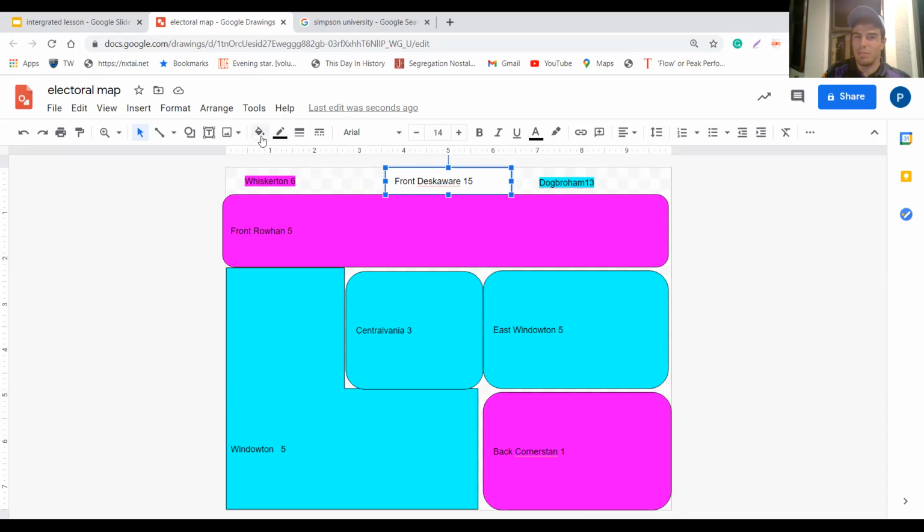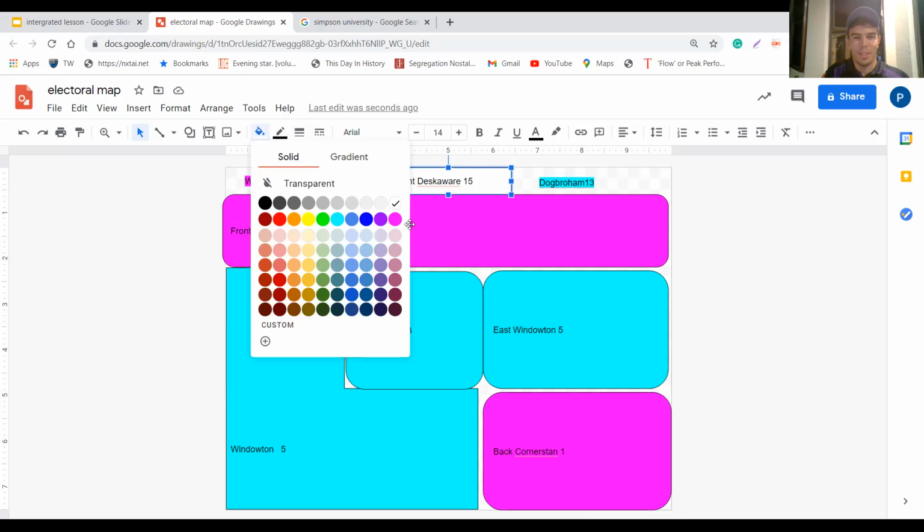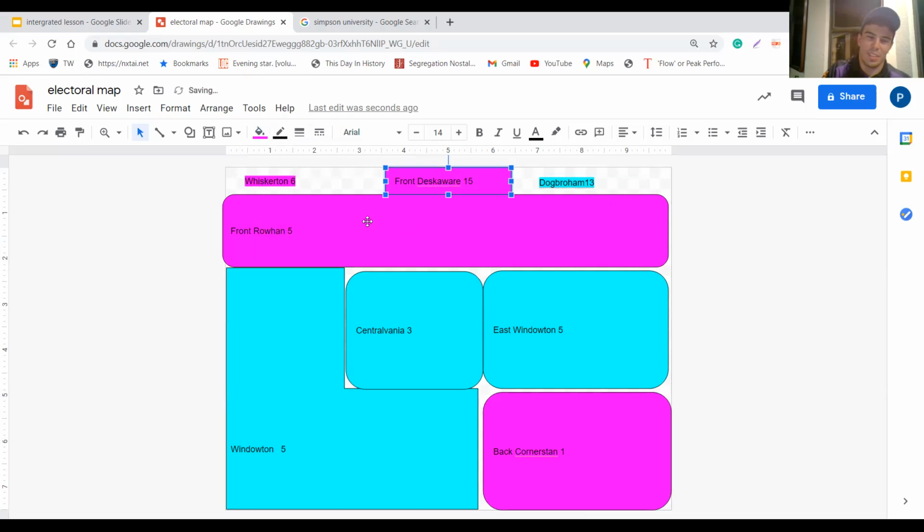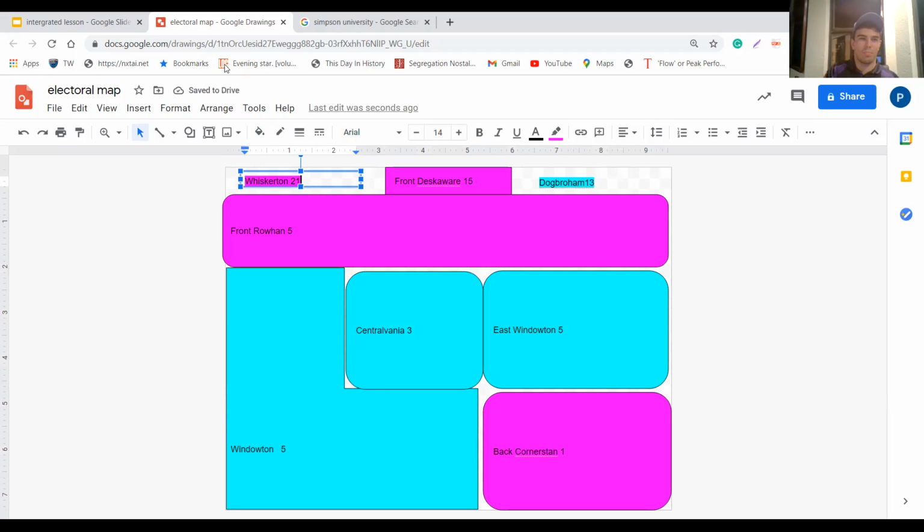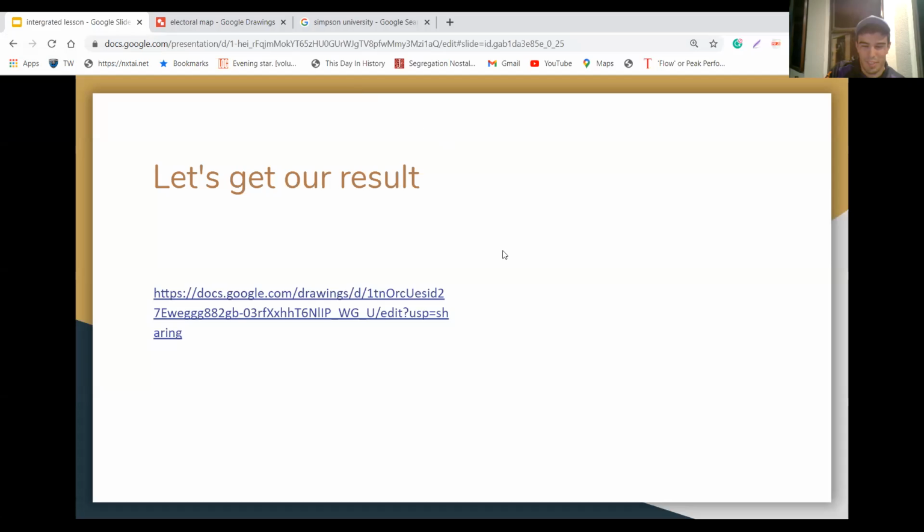There's only one resident, and that's your teacher, me. Oh, looks like my district swung it for Whiskerton. It's gonna put it up at 21. Okay. So we have our new class mascot. Totally fair, right?